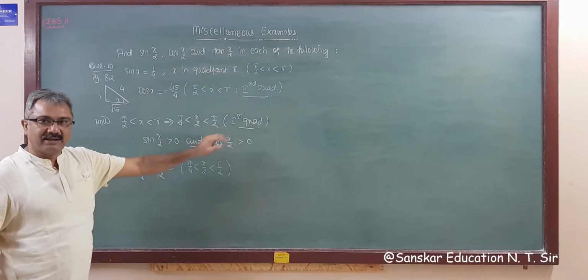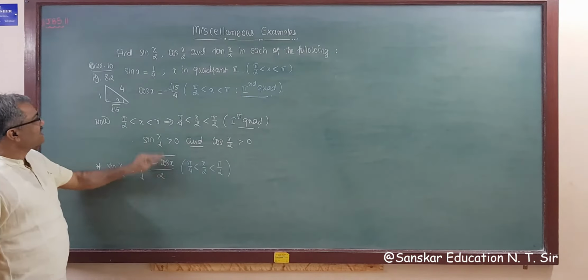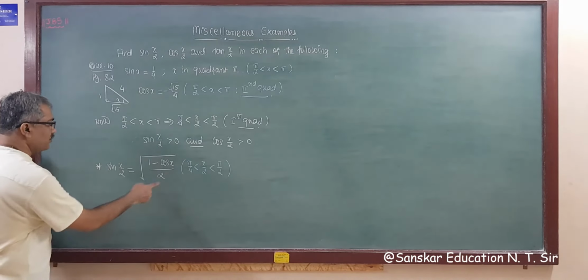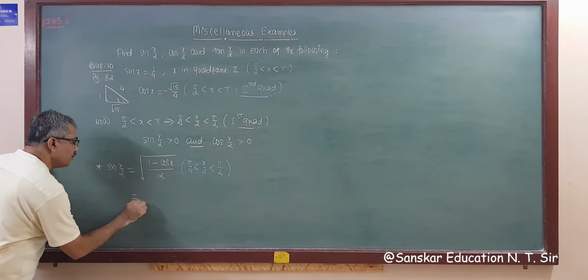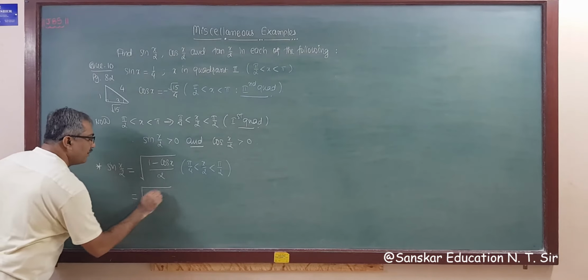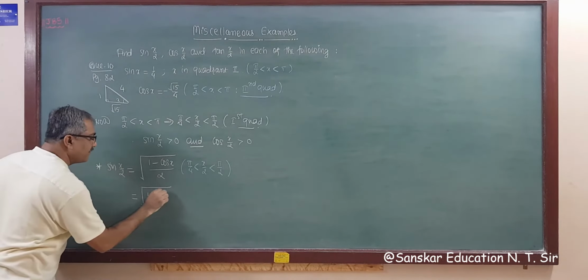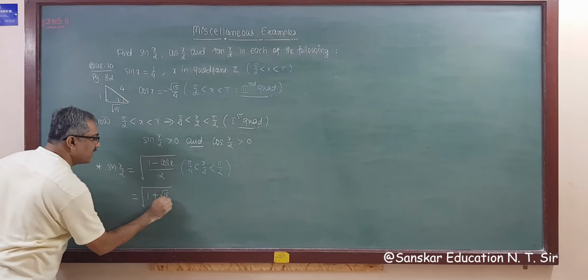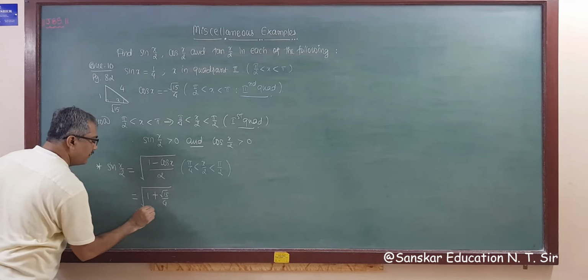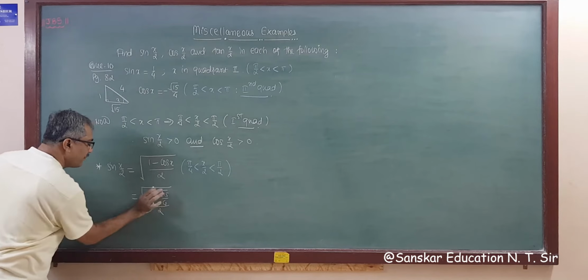Now cos x is minus root 15 by 4, so substitute that value. So this is square root of (1 minus (minus root 15 by 4)), that is 1 plus root 15 by 4, divided by 2.